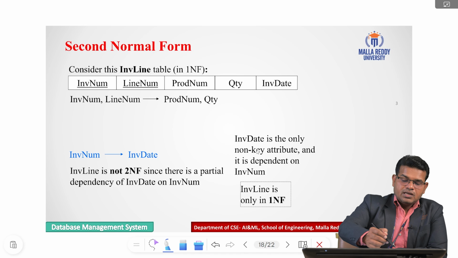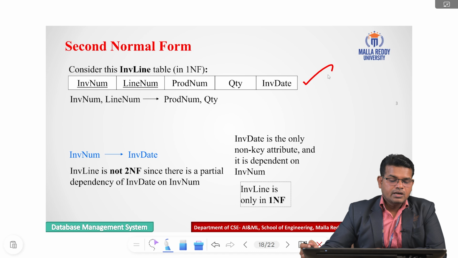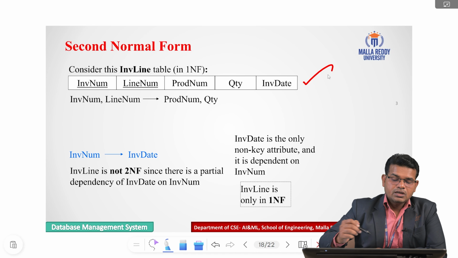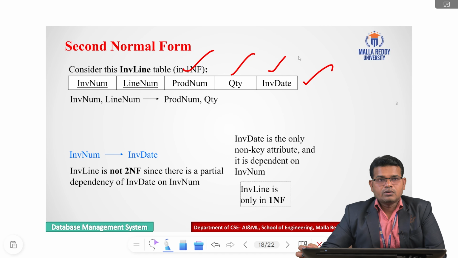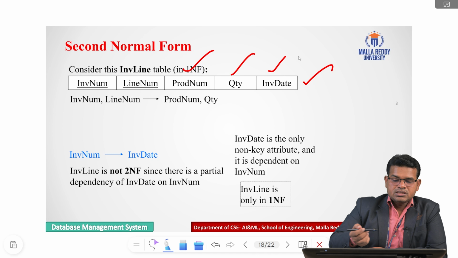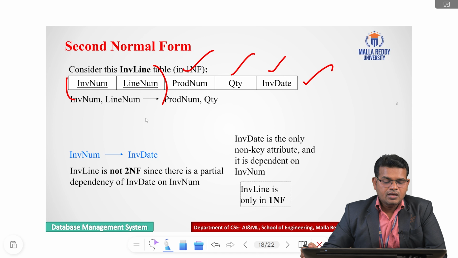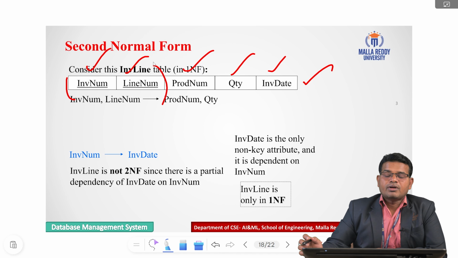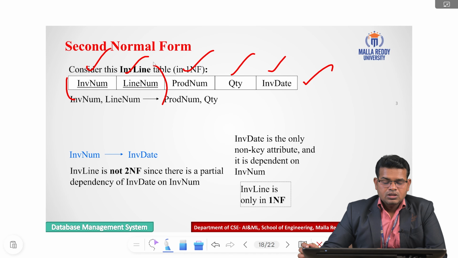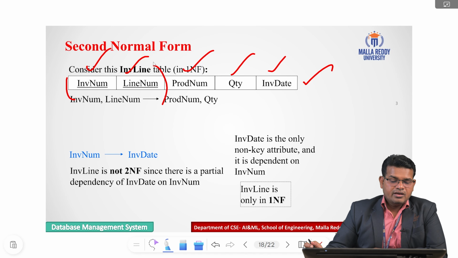Again, we are taking the example of an inventory table, with the attributes inventory number, inventory line number, product number, quantity, and inventory date. In this table, the candidate key is inventory number and line number. These two attributes are said to be prime attributes. Now, there are dependencies defined here.